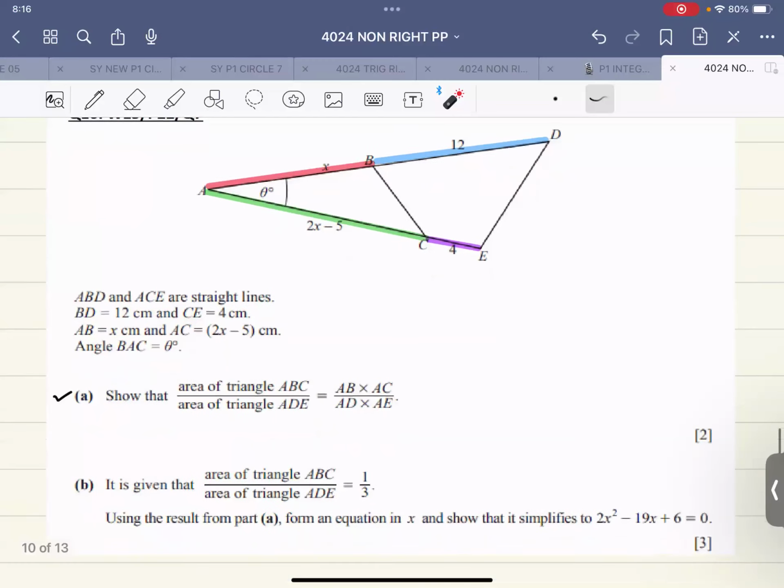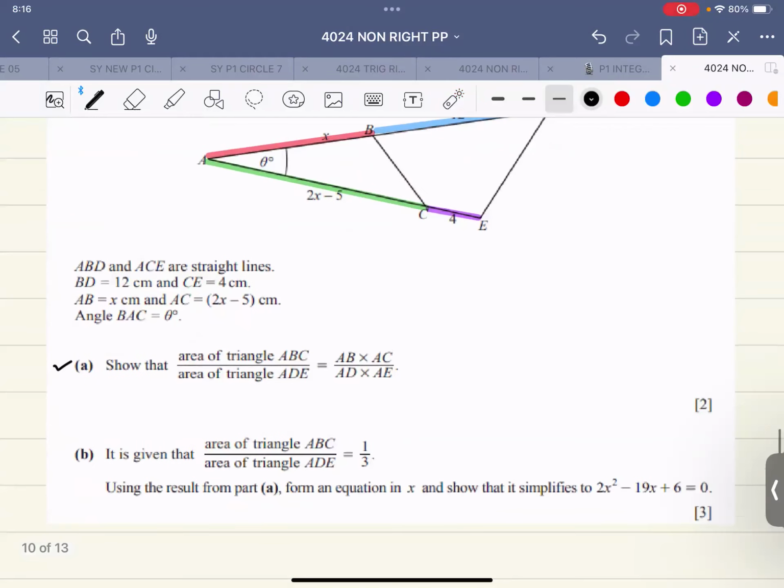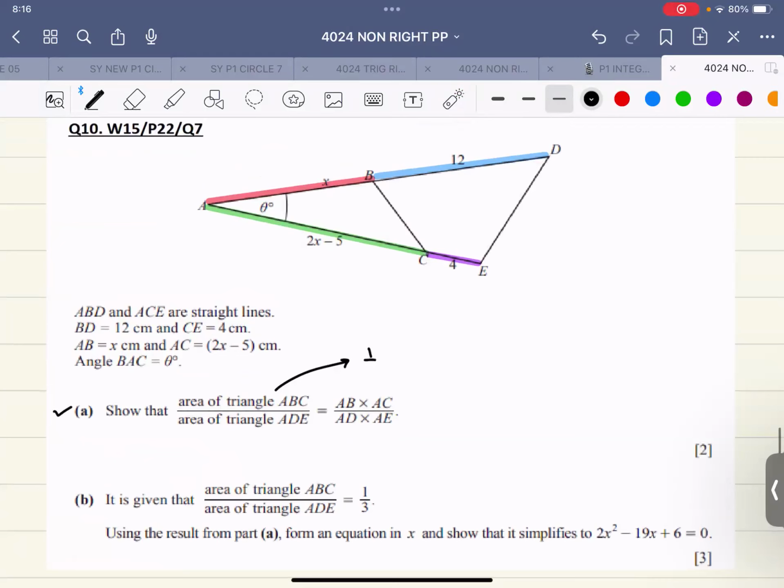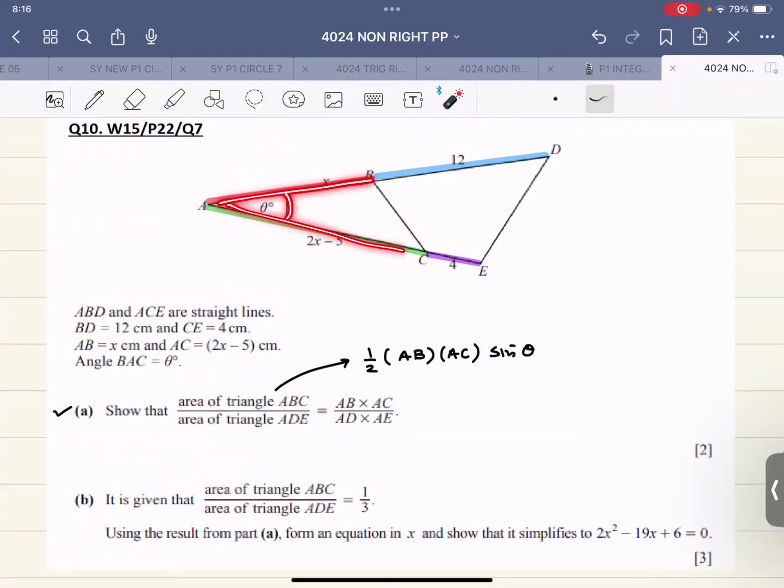First of all, the area of triangle ABC is half AB into AC into sine of theta. Two sides, included angle, AB, AC. I'm not putting in the variables yet.